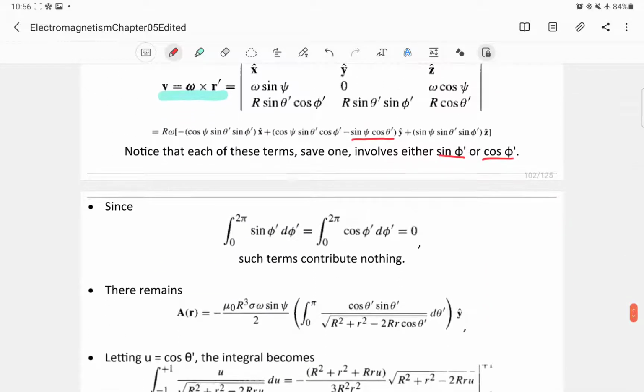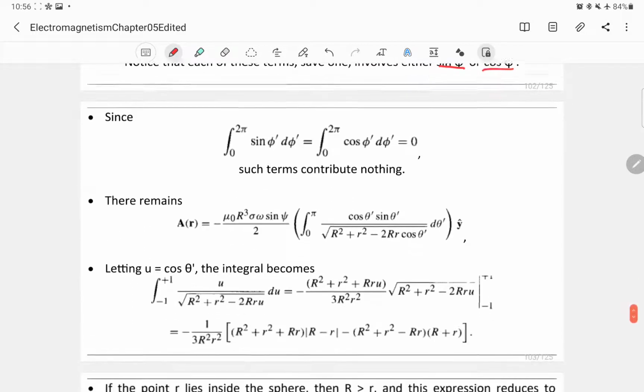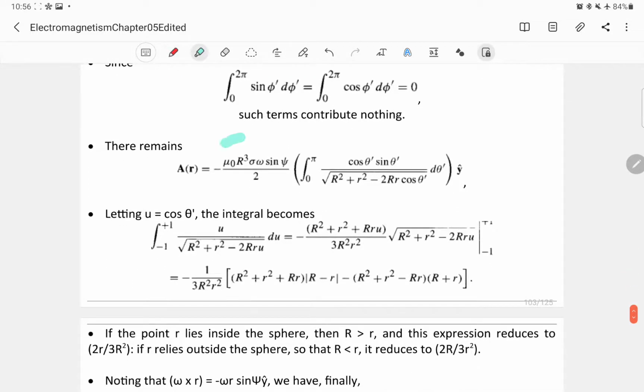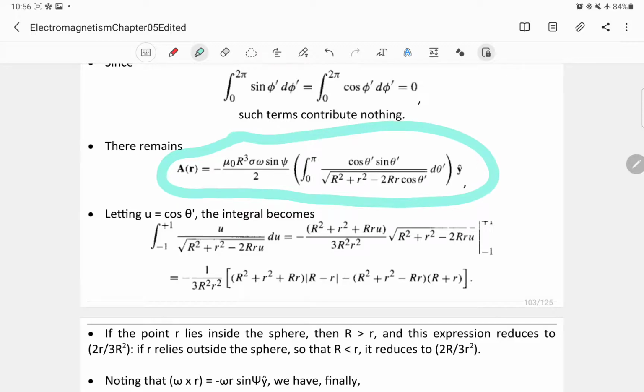And since you will be integrating over the whole sphere, this will just be equal to 0, hence they contribute nothing to the integral, and so you are only left with this. And so if you do some manipulation by letting u equal to cosine theta prime, then your integral becomes this. By the way, this is positive 1.